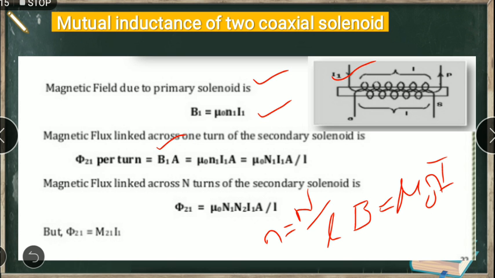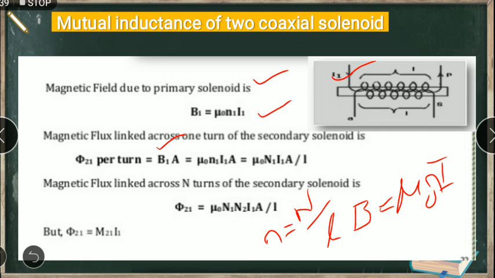Okay, understood? So the magnetic flux variation of the second coil with respect to the first coil, for only a single turn, is simply B1A. So if there are n turns, I can write B is equal to mu naught.